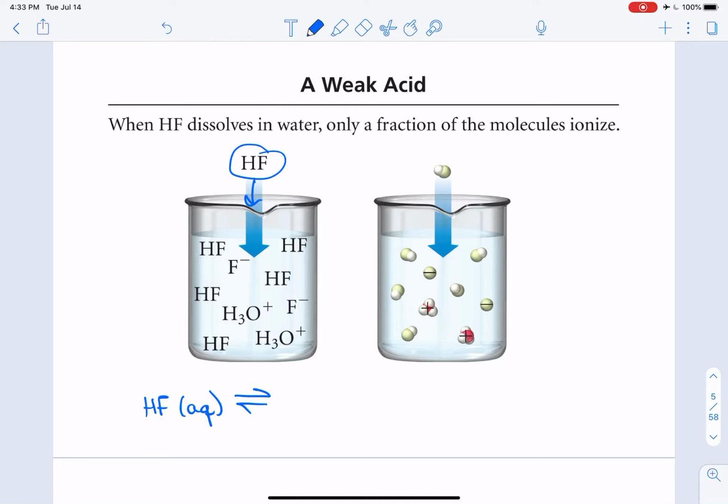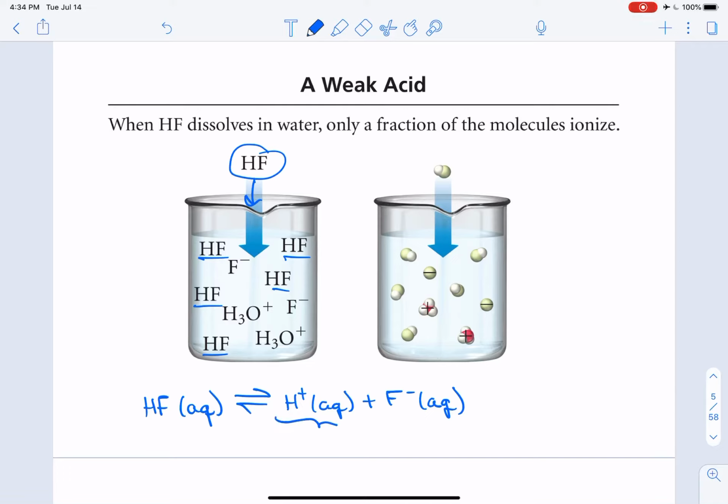So you've got some HF still sitting around in this water, in your solution. But it does give off a little bit of H+. And that means that it's going to give off a little bit of F- because if you give off H+, you got to give off F- because HF is all you got there.